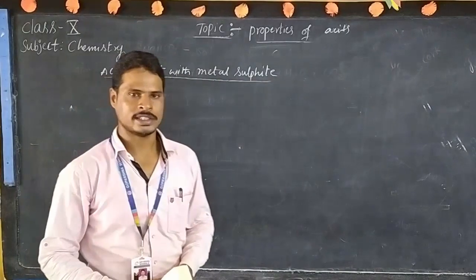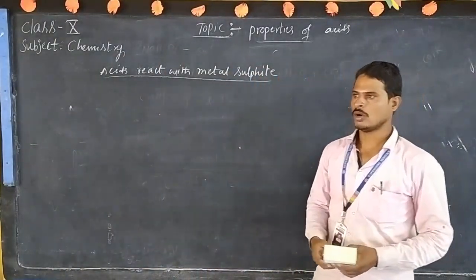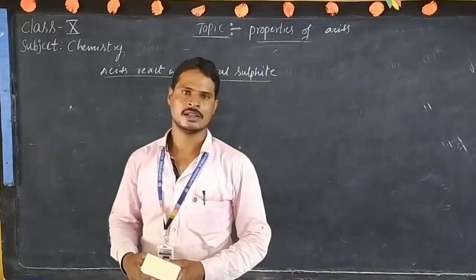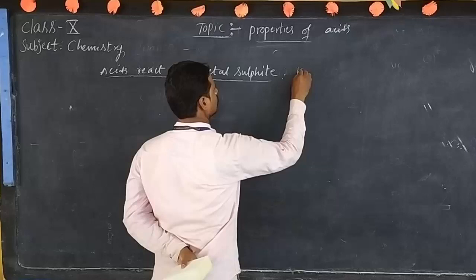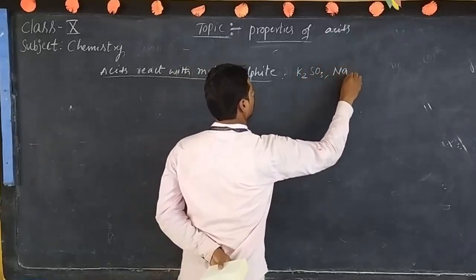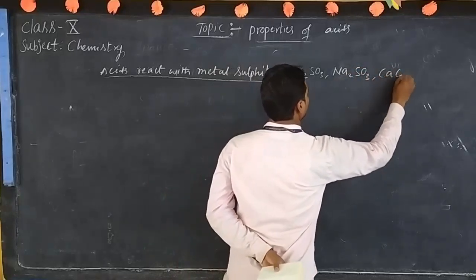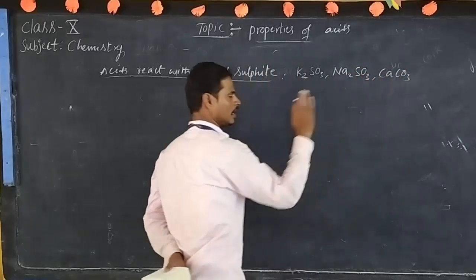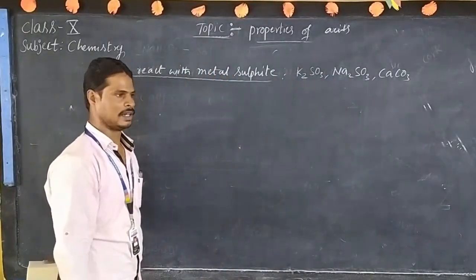How do acids react with the metal sulfites? What are examples of metal sulfites? Example: K2SO3, Na2SO3, CaSO3. Any example you can take. So these all are examples of metal sulfites.